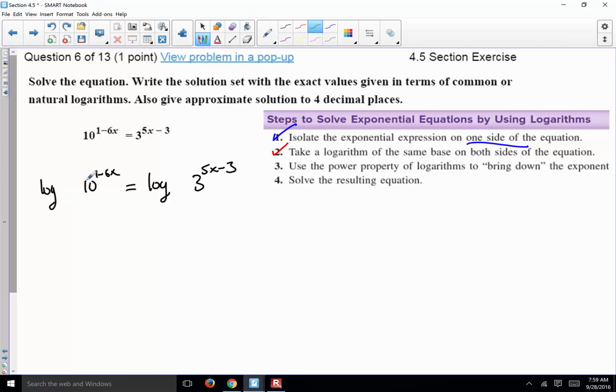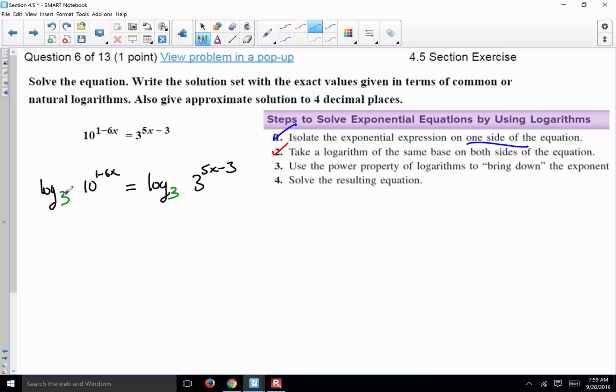I don't care. It can be 10, it can be 3, or it can be ln. But I will go with 10 or ln. 3 is the worst choice. It works. You can put 3. It works. But your calculators won't be able to compute logarithm base 3. And then you need to make a change of base operation on the end.